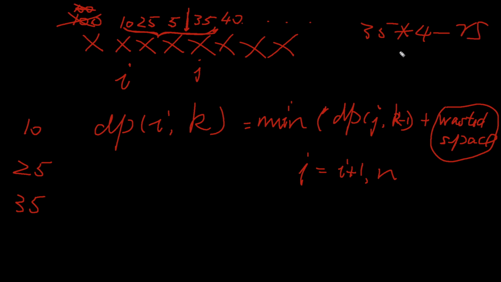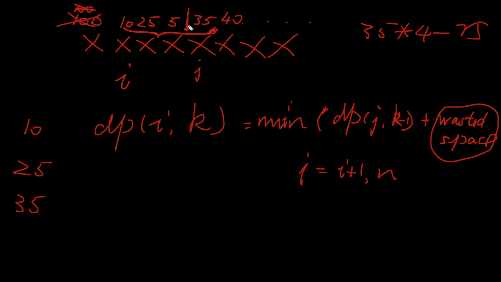And then the next state will be j to k minus 1, right? Actually, you know what? Even though we're trying all the possible ways, there is a greedy idea here. We only resize to the maximum number, right?